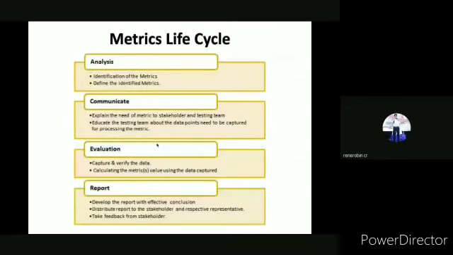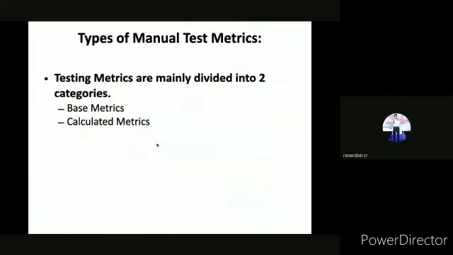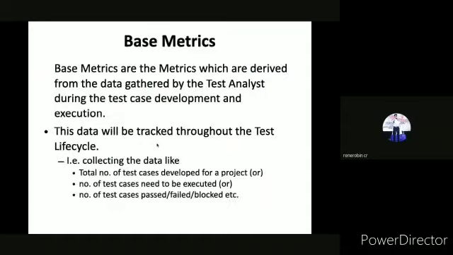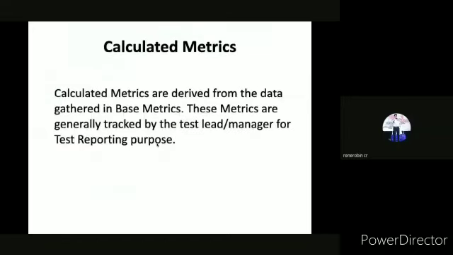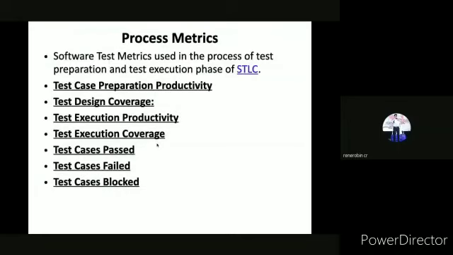Then we moved to the software metrics life cycle, and we saw two different types of manual test metrics, base metrics and calculated metrics, and the difference between them. Now we have arrived at process metrics.